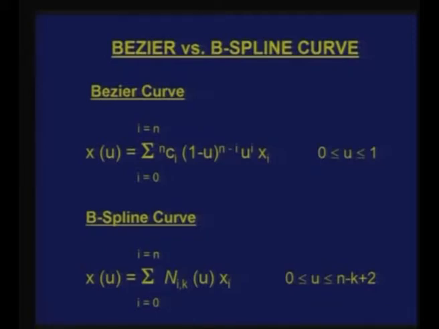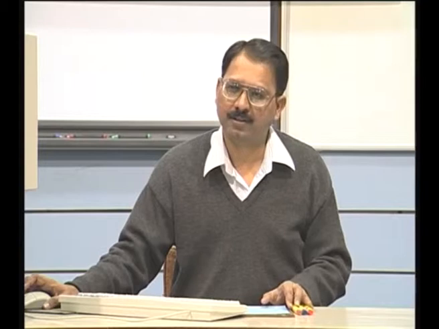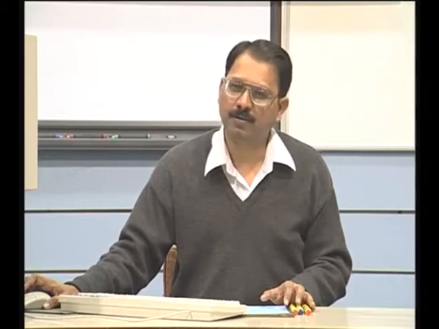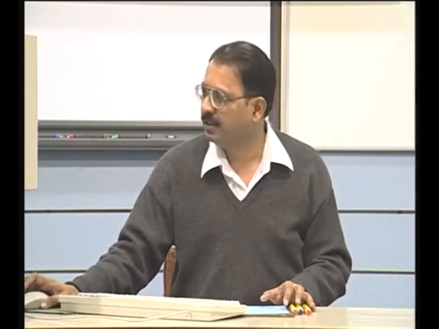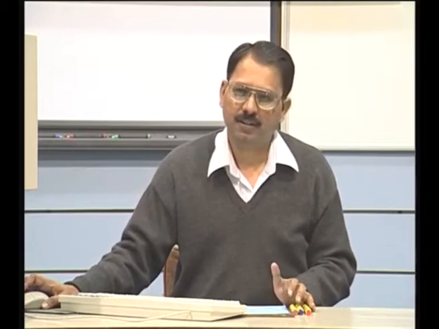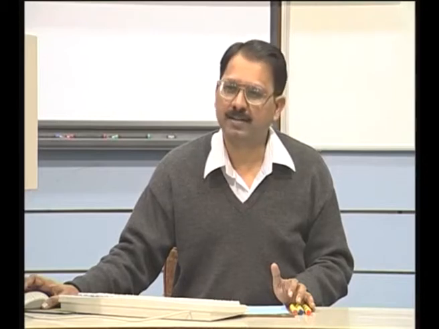Take for example, n is equal to 6, that means I have 7 control points, and let us say I choose k is equal to 3. So, what is the range of u? This is n minus k plus 2, so this is 6 minus 3 plus 2.